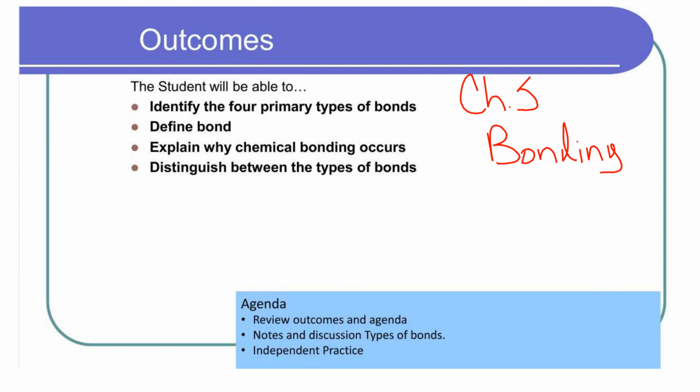Our focus today, we're mainly going to focus on one type of bond, which is an ionic bond. So that's going to be kind of our goal today, is writing chemical formulas and naming ionic bonds. But I'm going to go through some background stuff first and we'll jump right in.